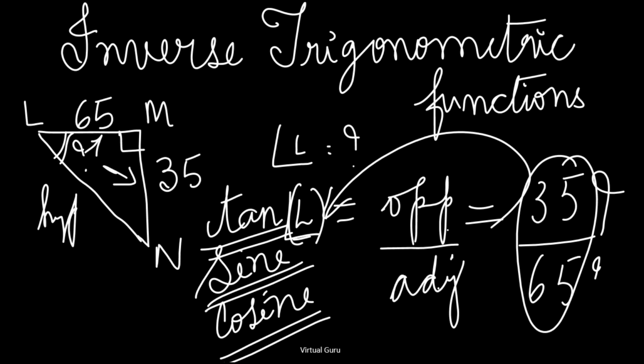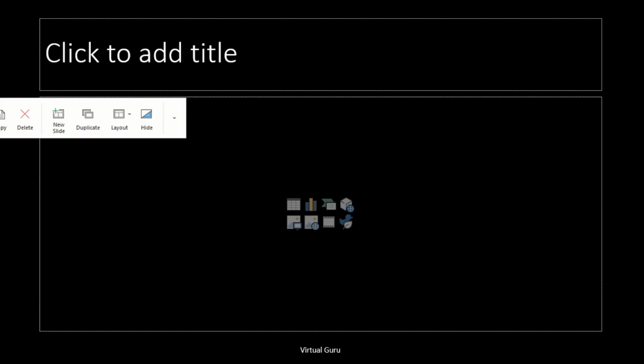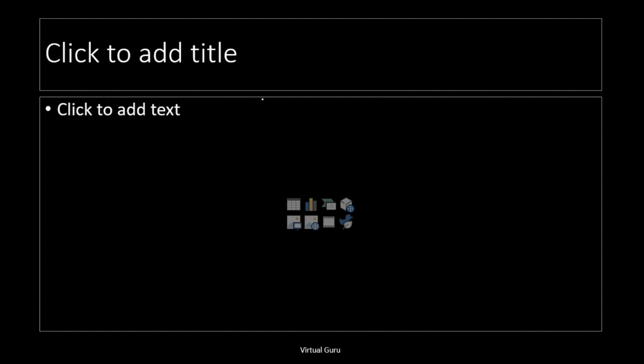We already know about inverse operations, isn't it? What do we do in the inverse operations? Can you tell me? Addition and subtraction are inverse operations.